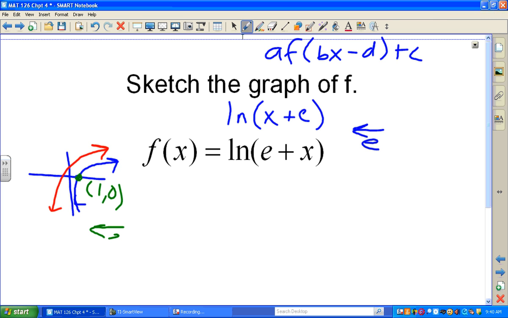So if it moves that way by e, this point is going to be at 1 minus e, comma 0. Well, e is around 2.7, so 1 minus 2.7 is negative 1.7. I'm going to look that up over break. I'll let you know how it goes. I mean, over my prep period.